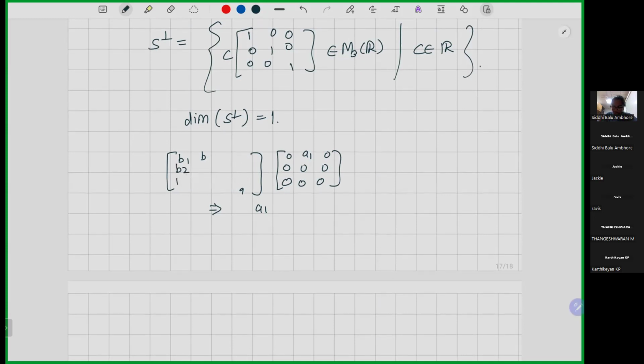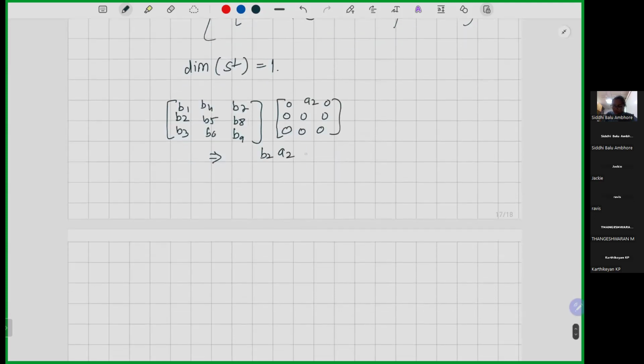Then here it was A2. Then B2 times A2 is 0, right? The trace of this thing, I want to be 0. This implies B2 and A2 is 0. But A2 is anything in R, right? A2 could be this element A belongs to M3R. So this implies B2 is 0.